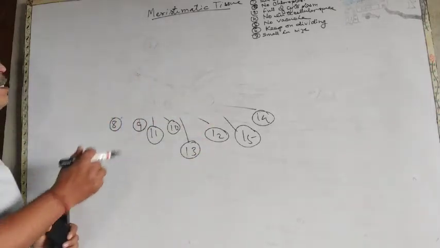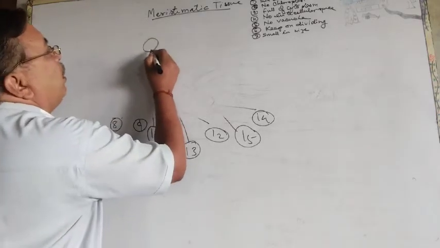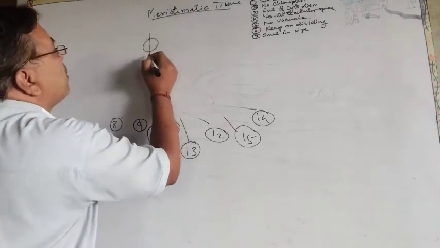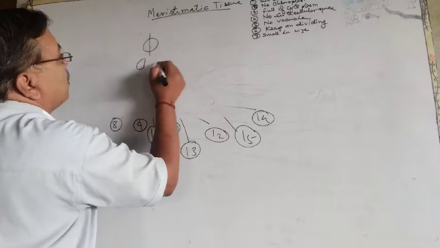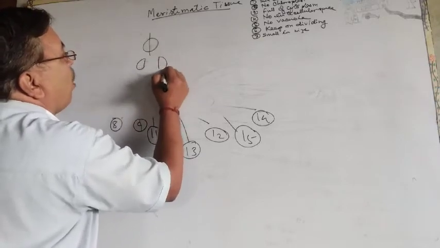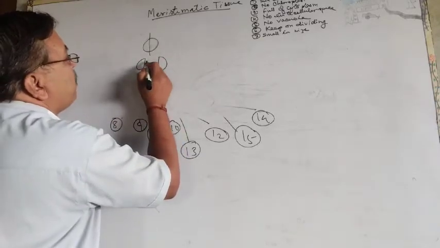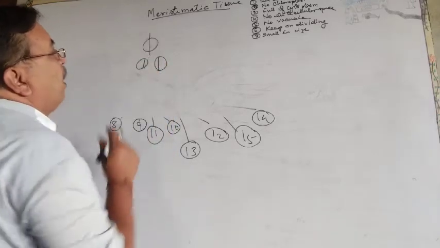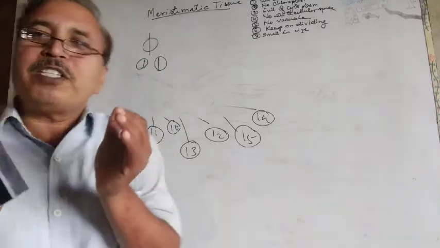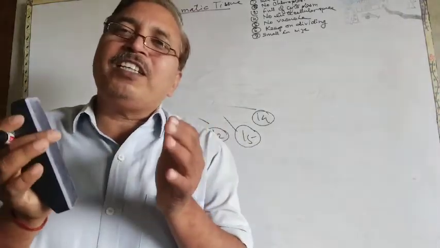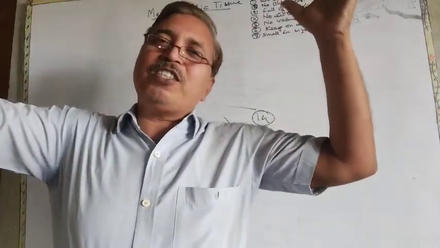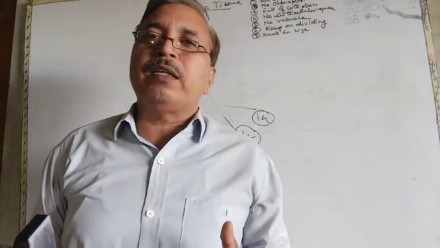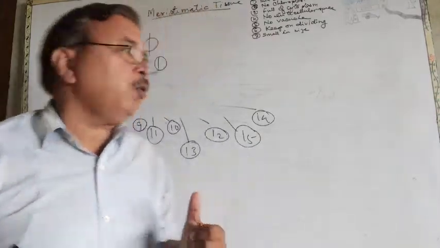Now you may say, sir, how this small cell? Yes, it partitions into half like this, and this partitions into half like this, and after some time they develop into full cells, as a small baby is born, and after many years that small baby changes into a grown up man. Is that clear to all of you?